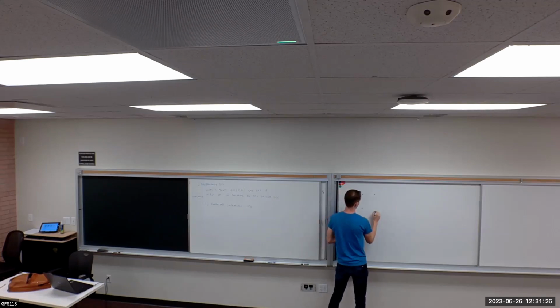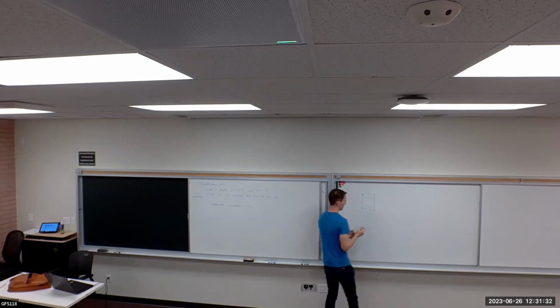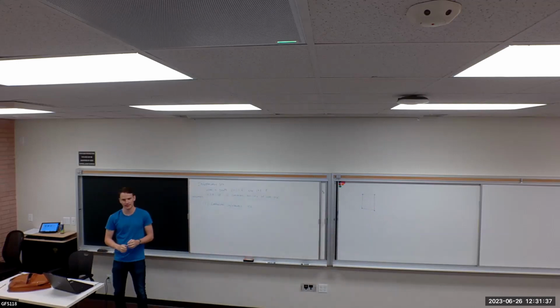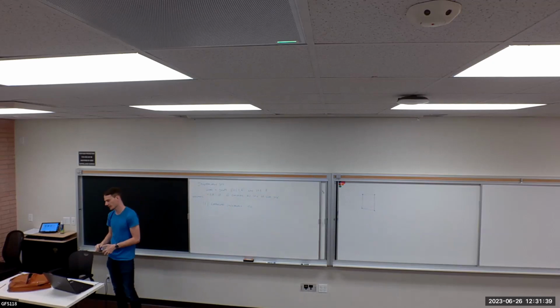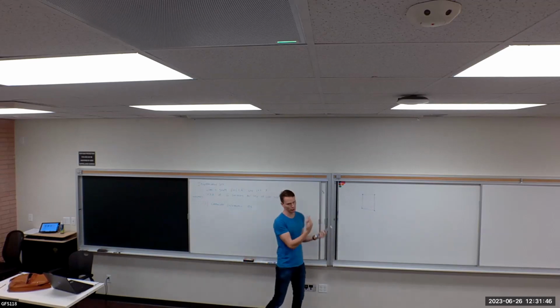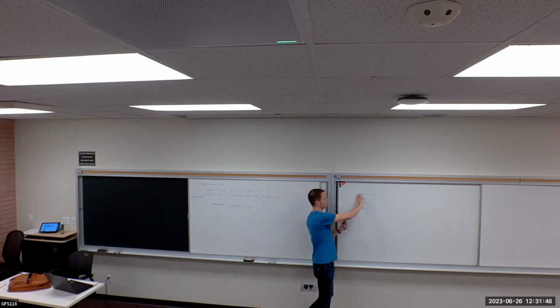let's do something simple. Here's a simple graph. Can someone give me the biggest independent set in this graph? Just 2. Yeah, just pick any 2 of the corners, because you can't pick 2 that share an edge.